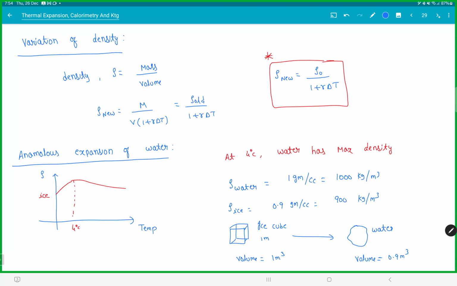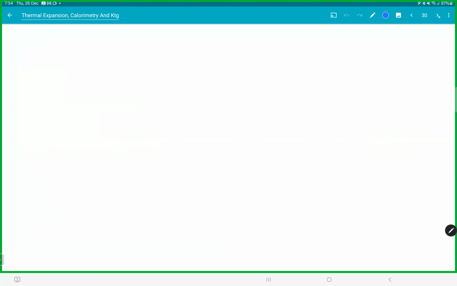So let me ask you a theoretical question. Let's say we take a container and fill it completely up to the brim with 4 degree water.